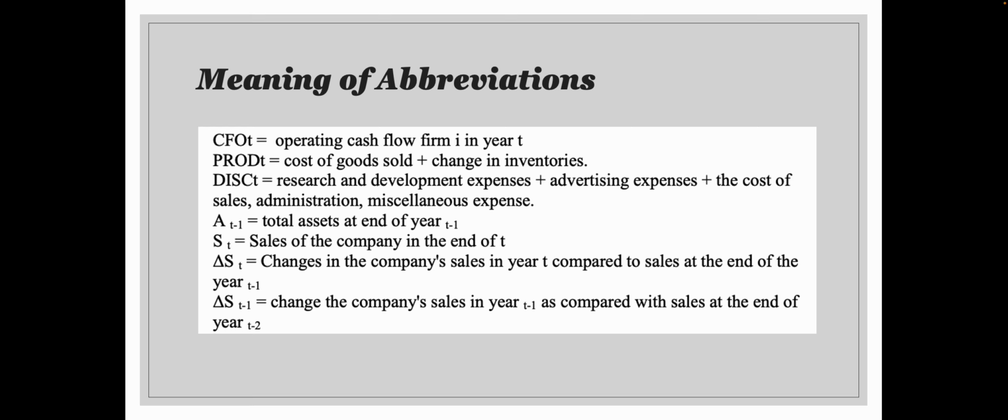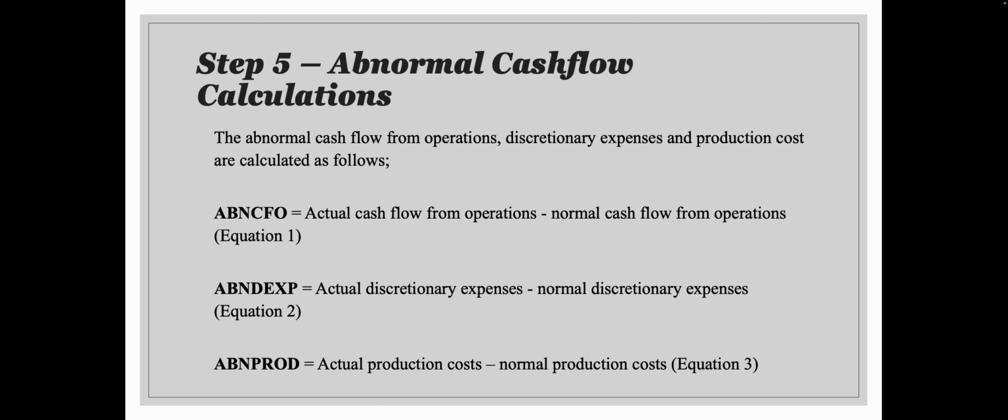Once you have done that, step 5 is to calculate the abnormal cash flow. So A, B, and C: abnormal cash flow is actual cash flow from operation minus normal cash flow from operation, from equation 1.